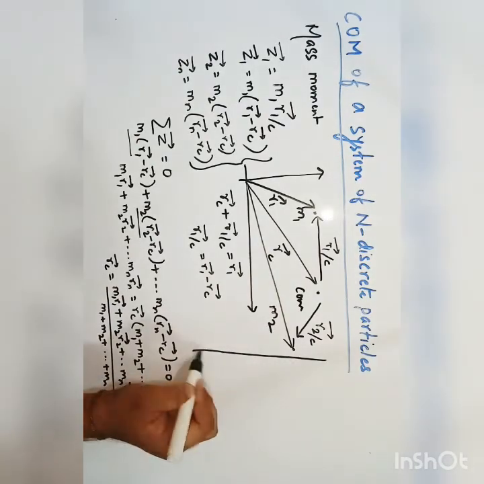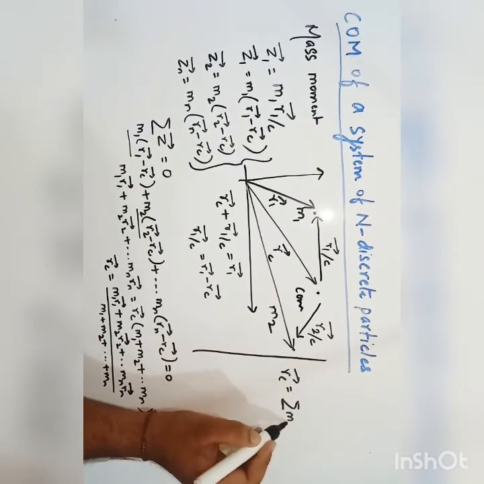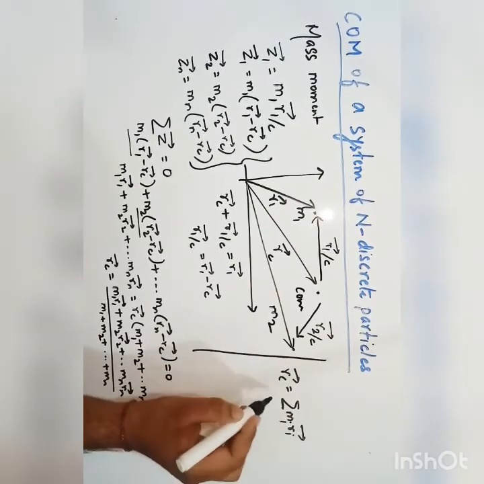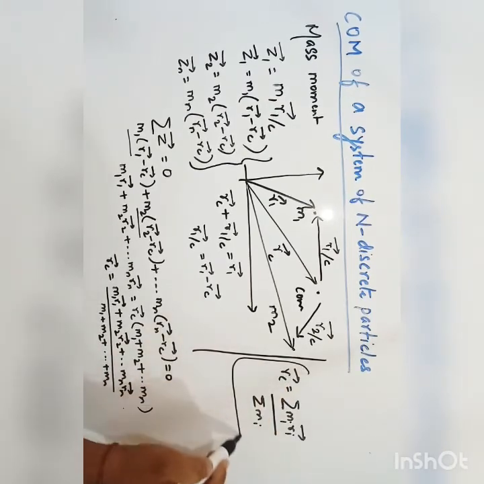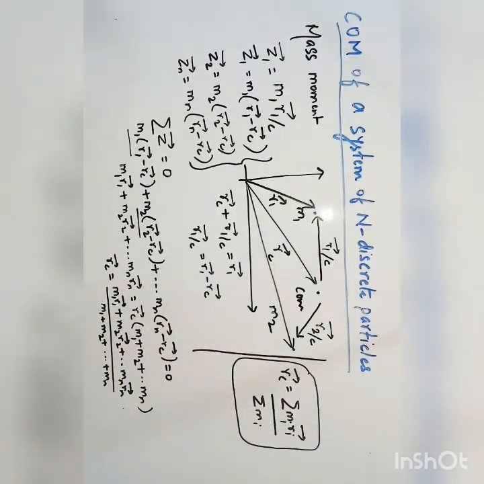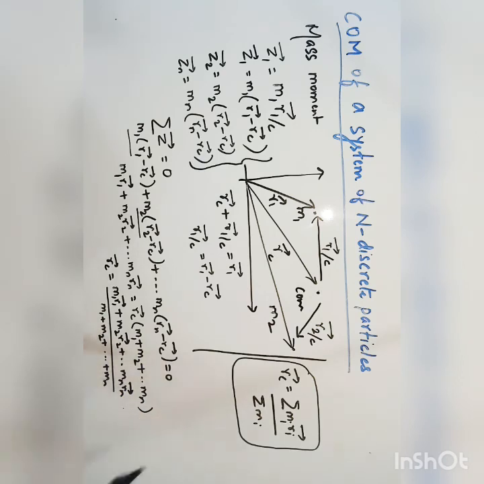So basically we will get rc vector as summation mi ri vector divided by summation mi. So this is how we can find out the position of center of mass. So I hope that is understood. So now we will also find out this in terms of x, y, and z.